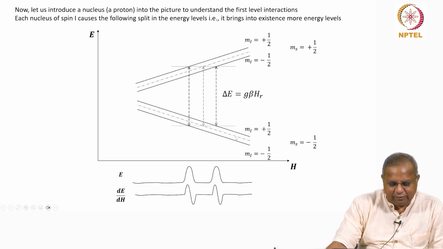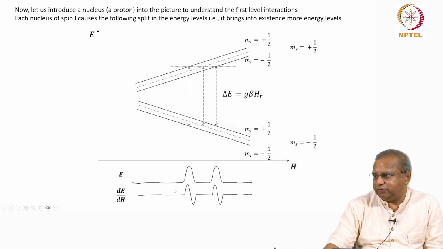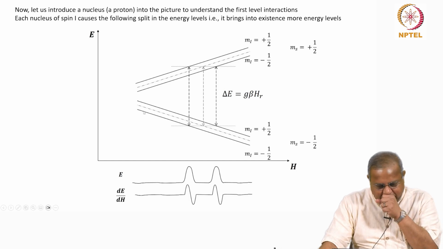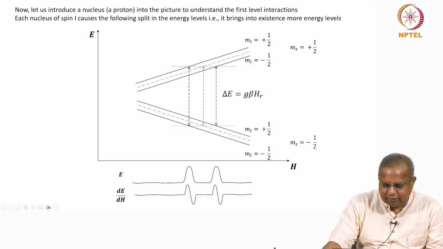What will happen is, because of the interaction between the magnetic moments, you will have the variation in the energy of the electron with the magnetic field strength for the electron minus half and proton minus half going like this, the proton plus half going like this. This is the nuclear magnetic moment number.